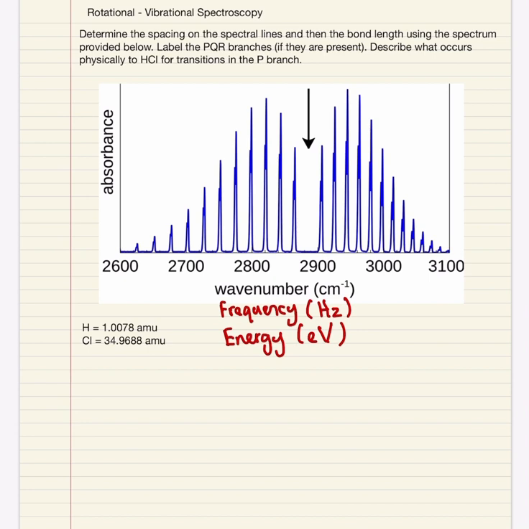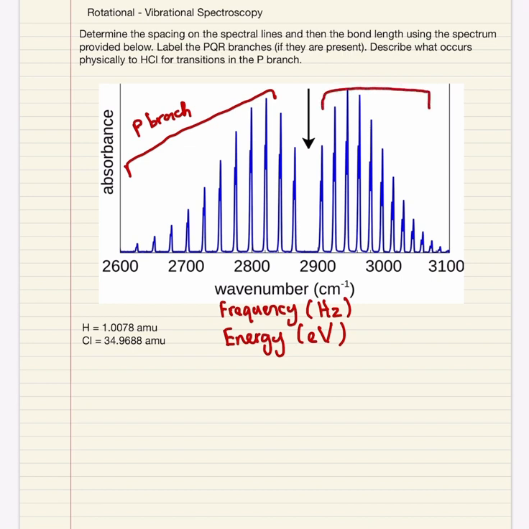Before we answer the first question, let's label the branches if they're present. There are three types of branches in rotational vibrational spectroscopy: P, Q, and R. You can find the P branch on the left side of the spectrum. You can mostly find the R branch on the right side of the spectrum.